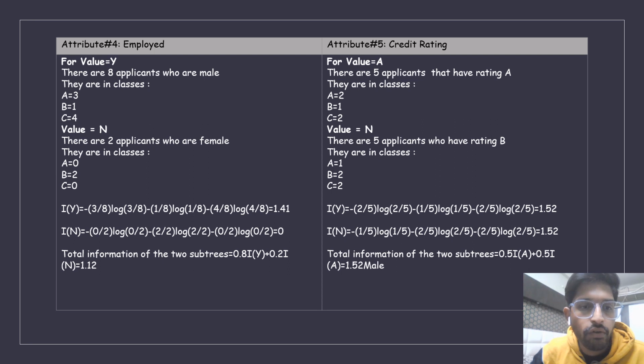The overall information for employed comes out to be 1.12, and for credit rating it also comes out to be 1.52. Now what we are going to do is subtract the information after split for each respective attribute from the overall information.